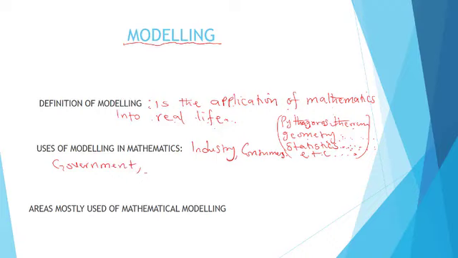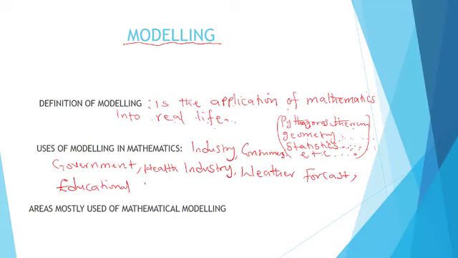It can as well be used by the health industry, in weather forecast, in education, in the environment, and so on. There are so many places we can apply modeling.